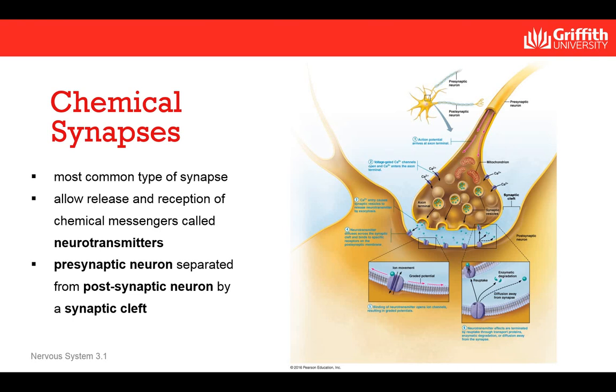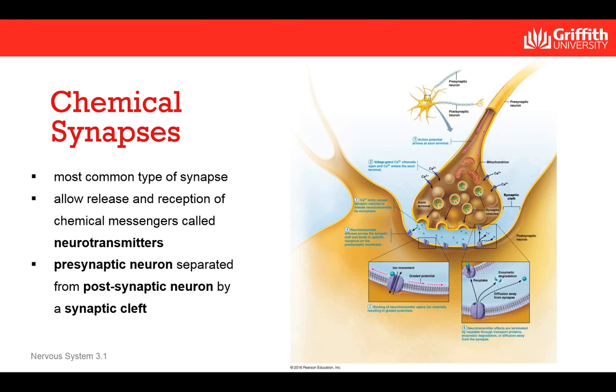Firstly, the action potential arrives at the axon terminal. Secondly, the voltage-gated calcium channels open, and calcium enters the axon terminal. During the brief time the calcium channels are open, calcium floods down the electrochemical gradient from the extracellular fluid into the terminal.